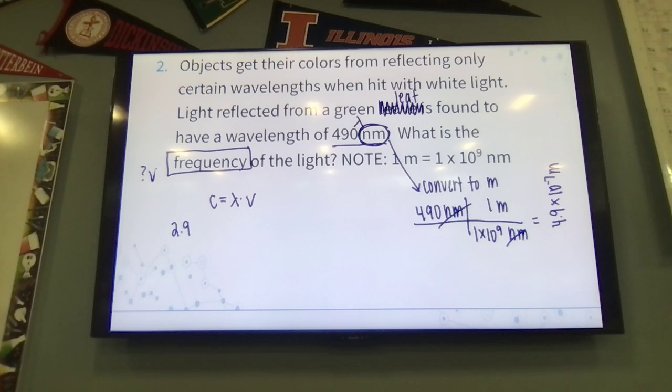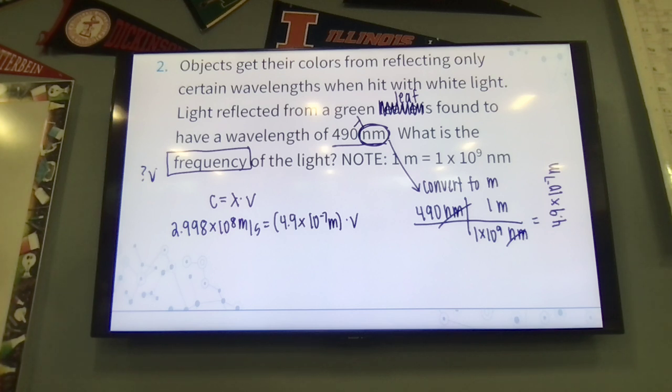So we'll plug them in. 2.998 times 10 to the 8th is C. We found our wavelength. It's 4.9 times 10 to the negative 7th. And then times frequency. Again, how are you gonna solve?